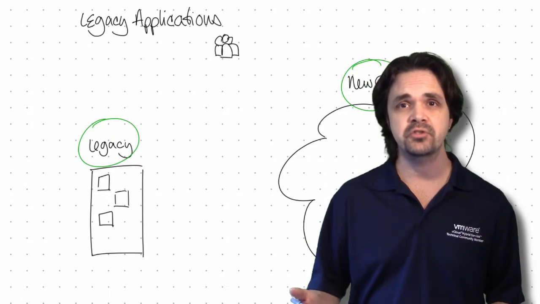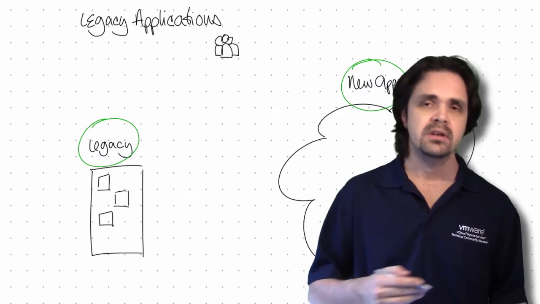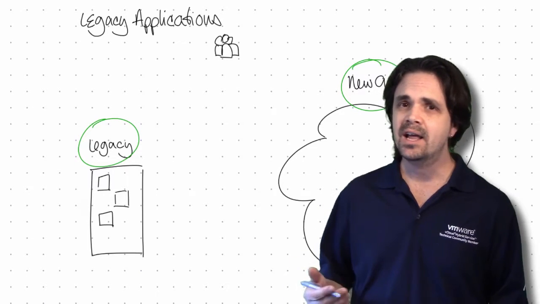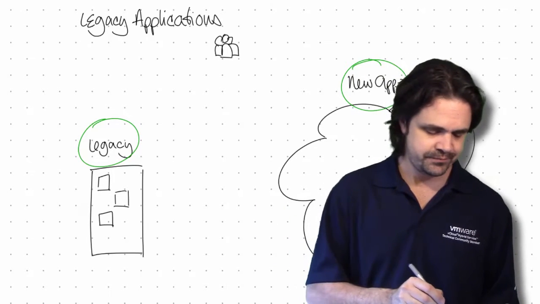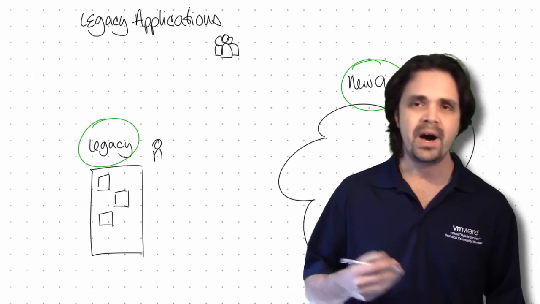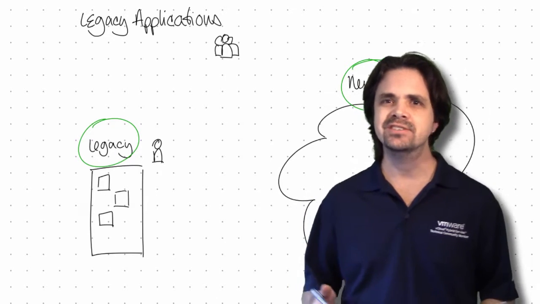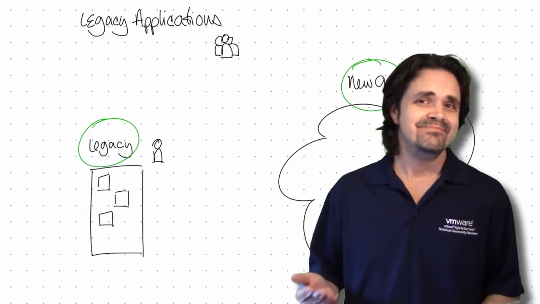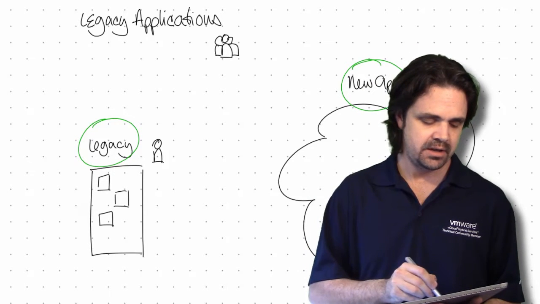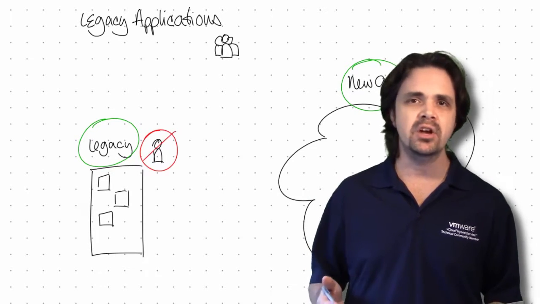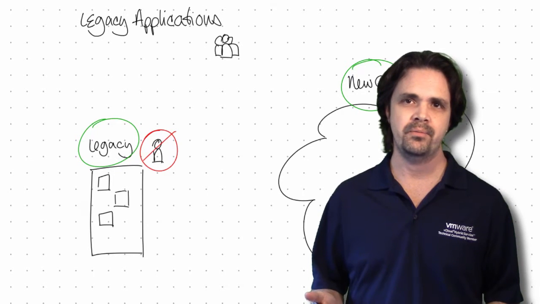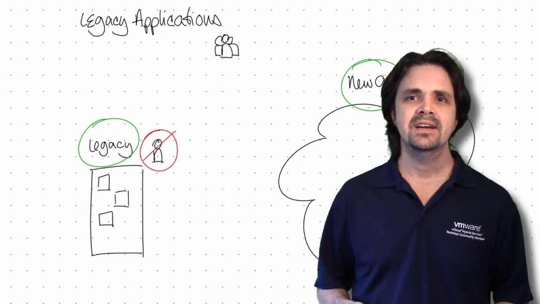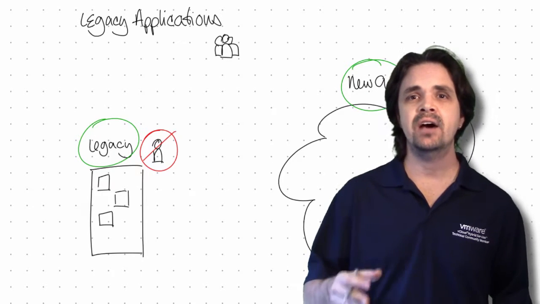One that is all too common is administration. Let's say that we've got Bob the admin over here. Bob wrote a legacy application some years back, but Bob no longer works here. And so nobody knows how this application works anymore. But the problem gets thicker. This legacy application now needs to scale.